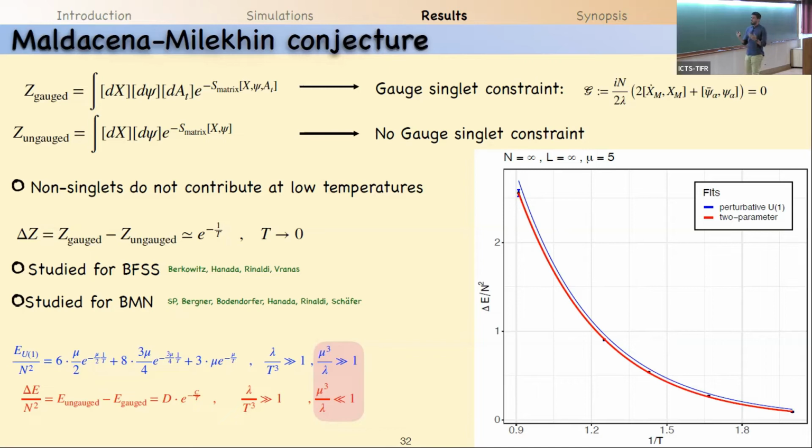So I can do a fit of this, and the fit is exponentially suppressed. On the other hand, I also show the perturbative results, because the BMN model can be weakly coupled even at low energies.